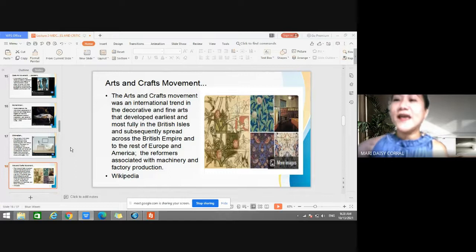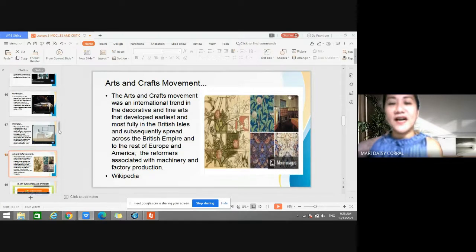You notice that the wallpaper that we usually use at home, in school, or even in your offices is made in the factory. It is not made by hand, by actual sketching or painting. The arts and crafts movement style would be more associated with mass production in the factory and machinery. So it is a mass production thing.